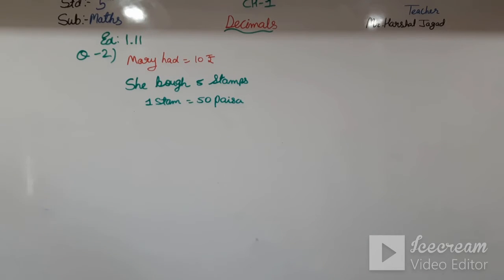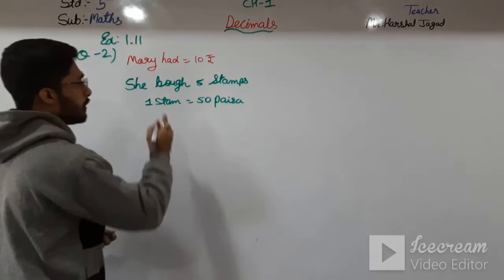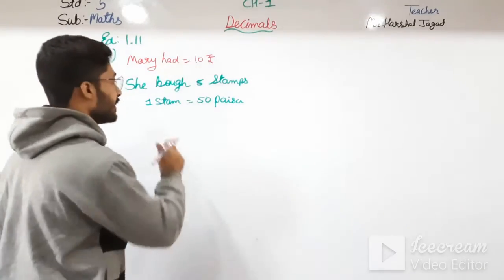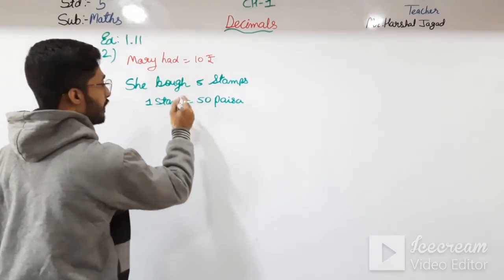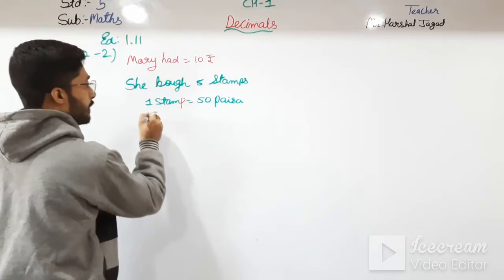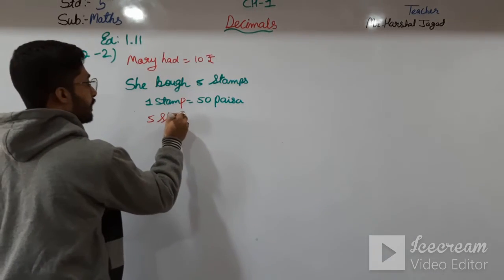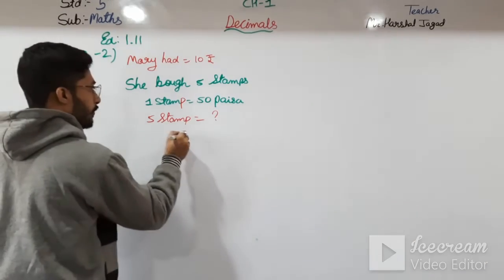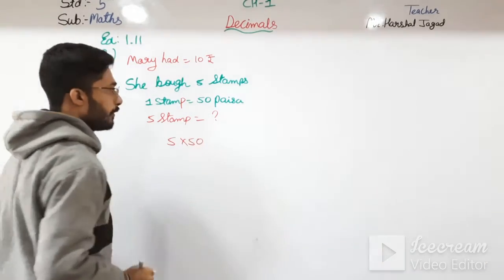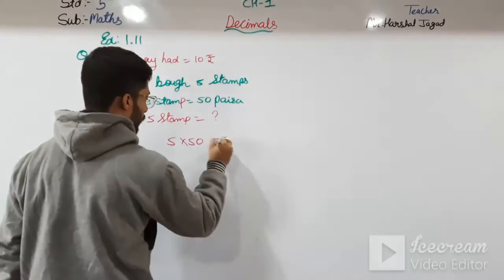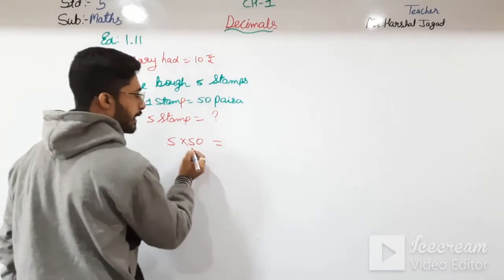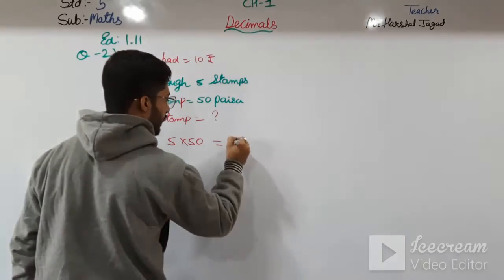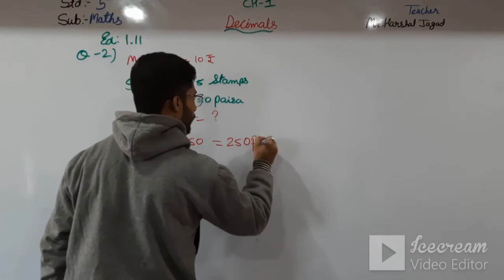How much would she have left in her purse? So here, first of all, she bought 5 stamps, and one stamp is equal to 50 paisa. Then 5 stamps are equal to how much? So 5 into 50, that is 250 paisa.